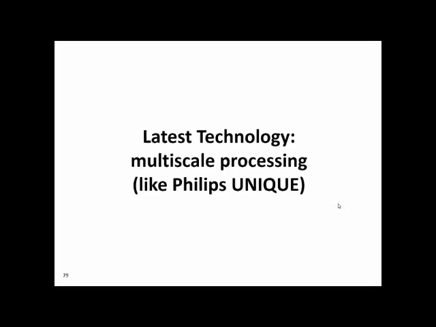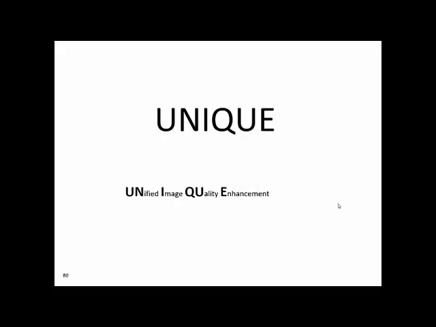When we talk about unique image processing more in detail, now as we know the exposure index, our latest technology and still state of the art is what people call multi-scale image processing. At Philips, we call it UNIQUE, unified image quality enhancement, which gives us a multi-resolution image processing.